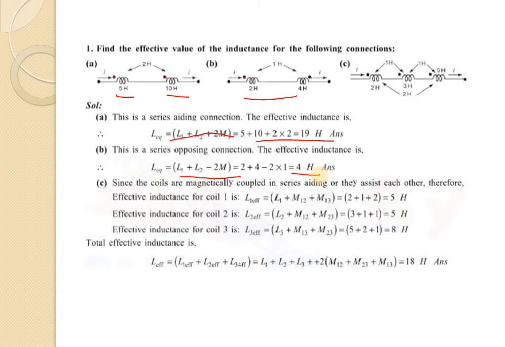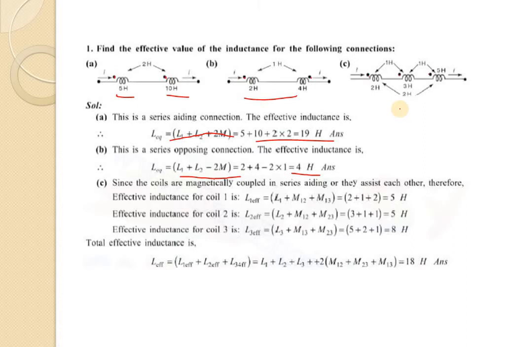In the third case, we have 3 inductances. In these 3 inductances, we can see that they are all in the entering position. But here the mutual inductance will be present between the 3 combinations.